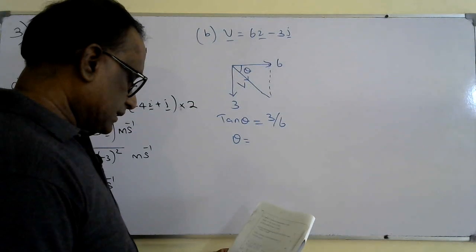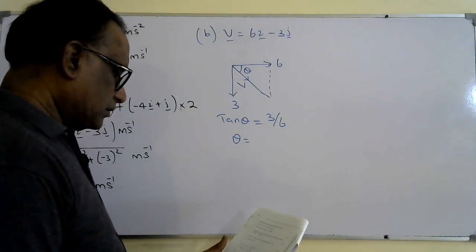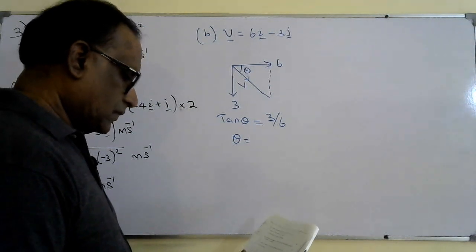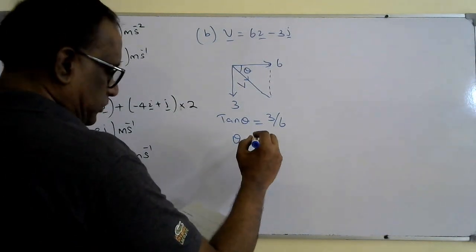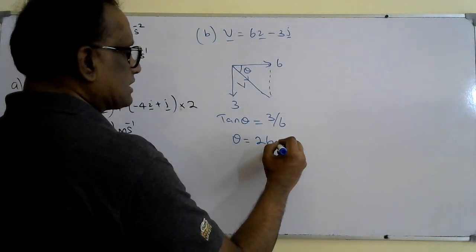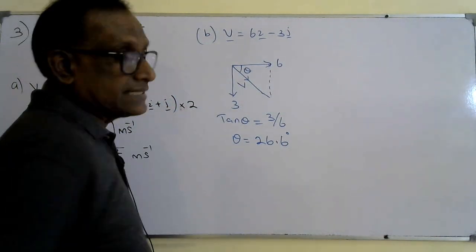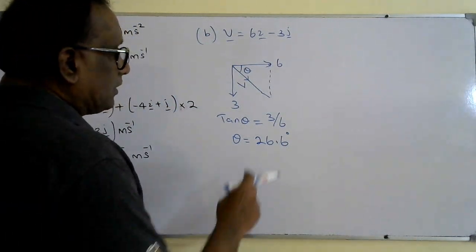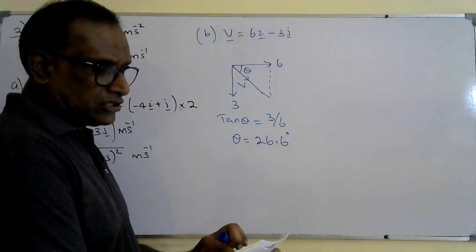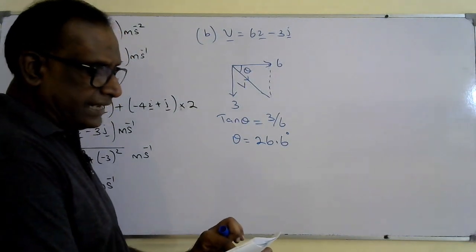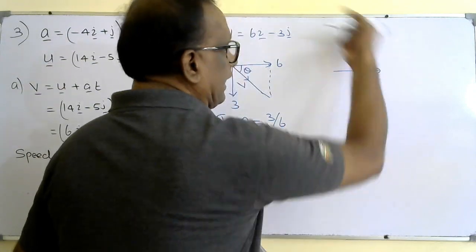Sorry, I think that is velocity. Yeah, theta you will get 26.6 degrees. So that's the value of theta, 26.6 degrees. But the question is to find the size of the angle between the direction of i and the direction of P at time t seconds. Normally we measure the angle in the anti-clockwise direction.